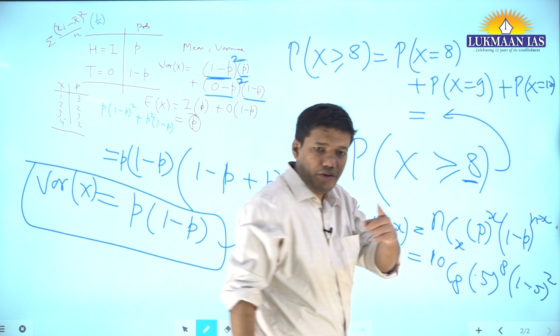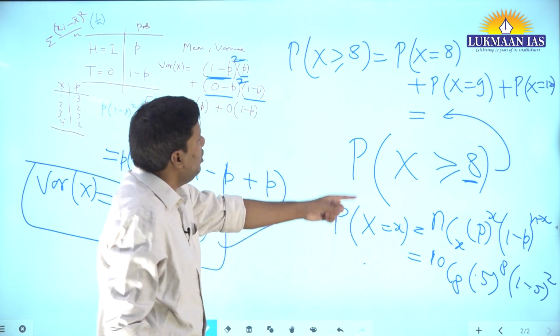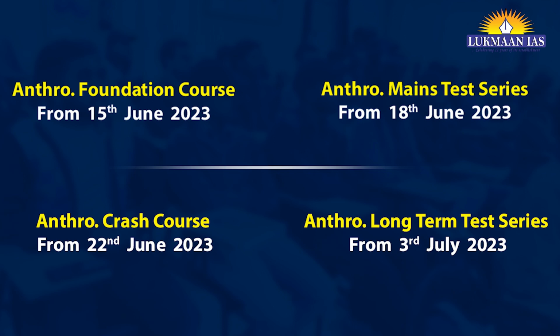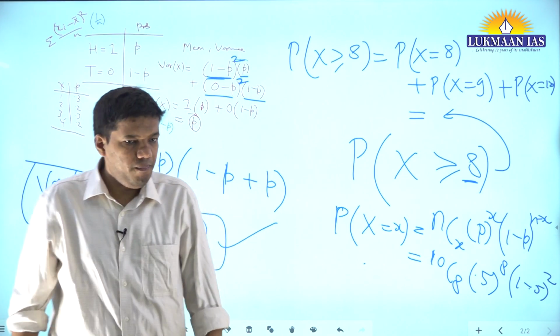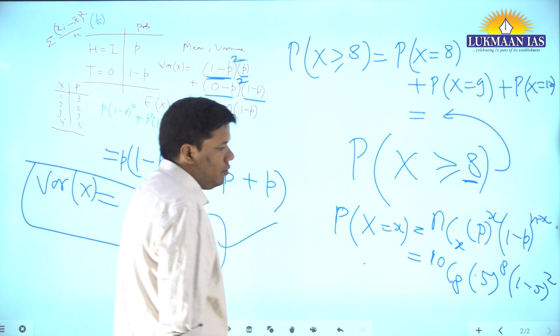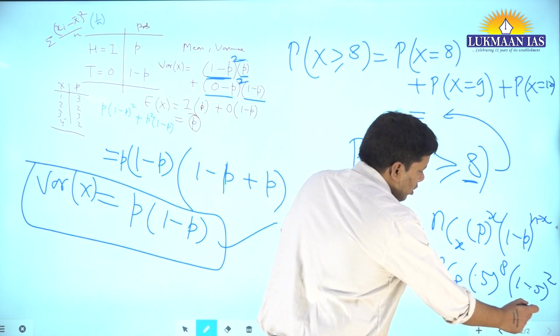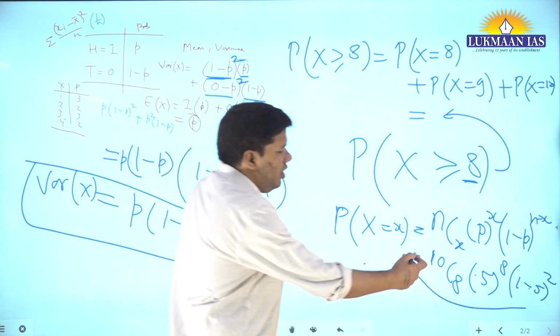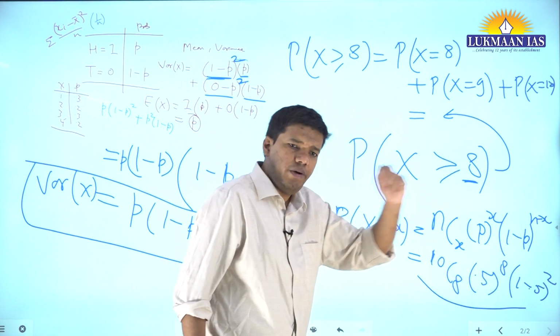These three cases we are interested in, because either 8 people, 9 people, or 10. You know the formula for 8, similarly you calculate for 9 and 10. So 10C8 into 0.5 power 8 into (1 minus 0.5) power 2, plus 10C9, and so on. This way you will write, and you have the calculator, and you will immediately calculate it.